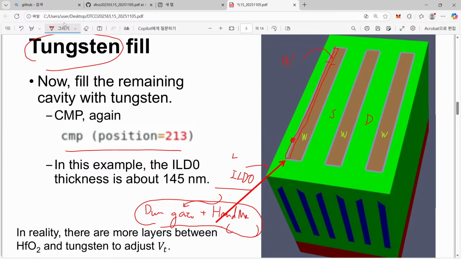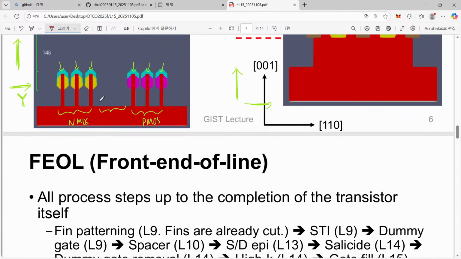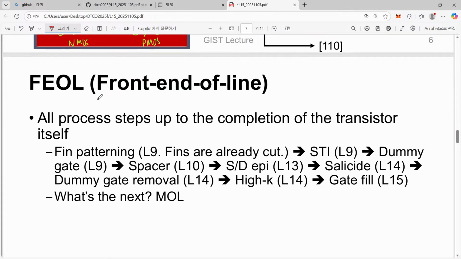That should be performed, and that kind of job is called MOL, middle end of line. Previously there was no specific word for this job.